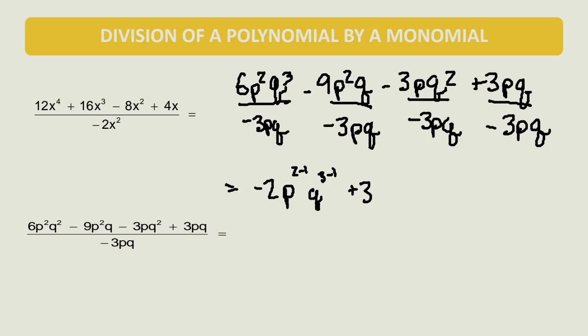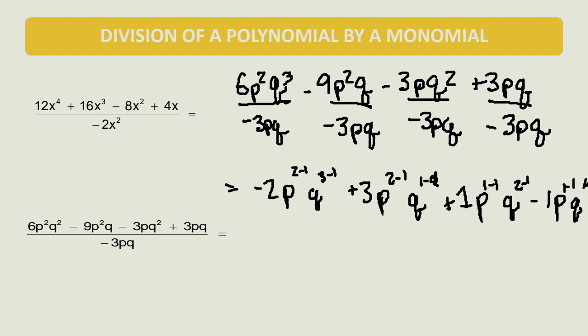And then I get p, 2 take away 1, q, 1 take away 1, so that'll become a 0. Plus negative 3 divided by negative 3 is 1. P, 1 take away 1, q, 2 take away 1, and then minus 1. I'll write the 1. P, 1 take away 1, and q, 1 take away 1.